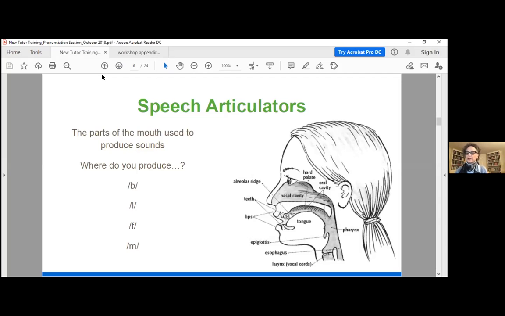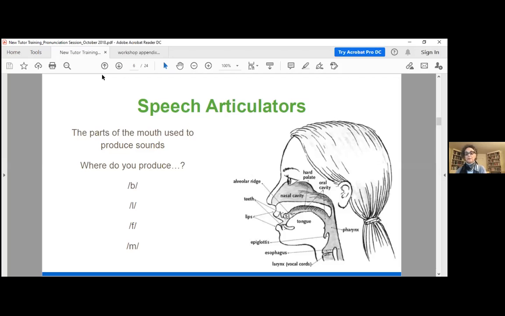Okay, the last sound we're going to do is the letter M. Mm. Everybody do that one. What are you using to make that sound? Your lips, probably also your pharynx, or some part of your vocal cords.